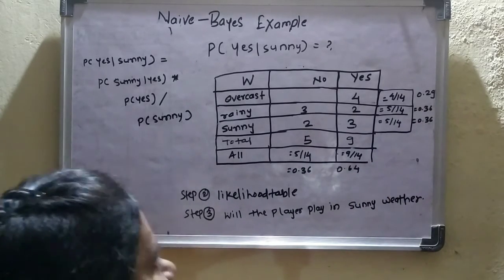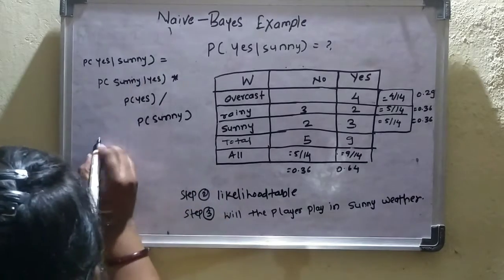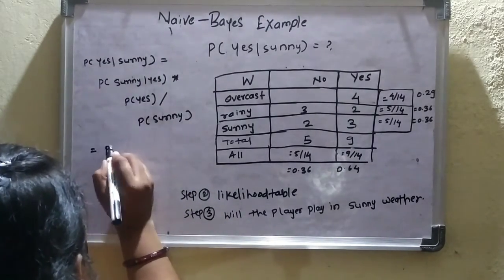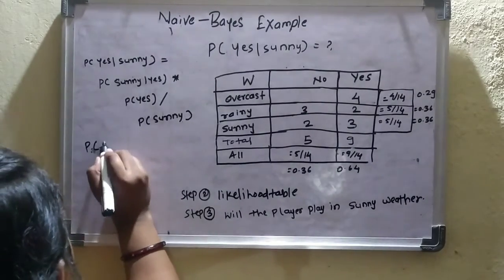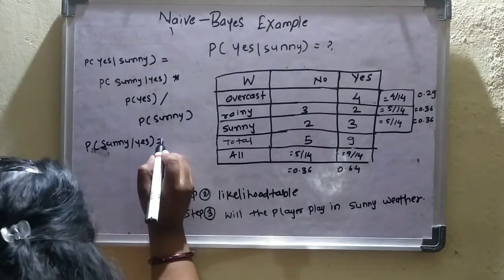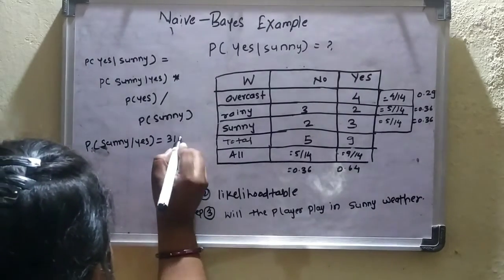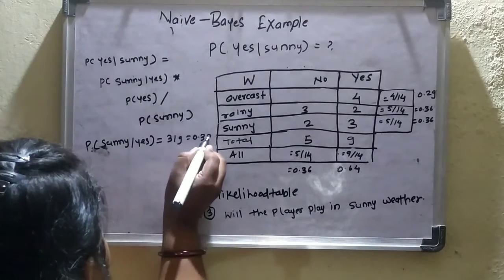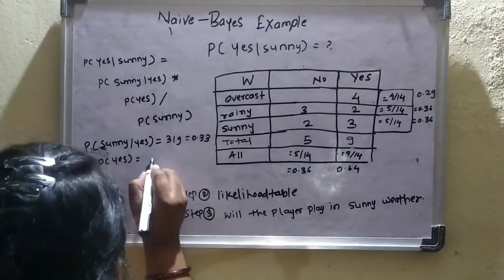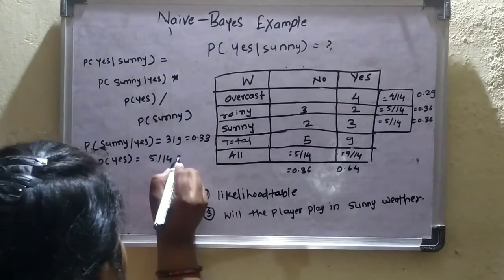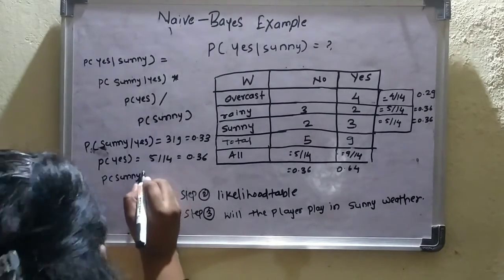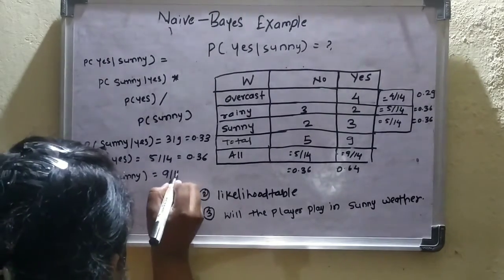So we have all of these values, and we can easily calculate the probability of yes given Sunny. The probability of Sunny given yes is 3 by 9, equal to 0.33. The probability of yes is 9 by 14, equal to 0.64, and the probability of Sunny is 5 by 14, equal to 0.36.